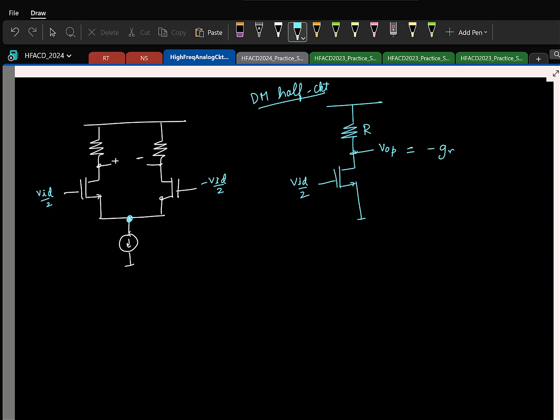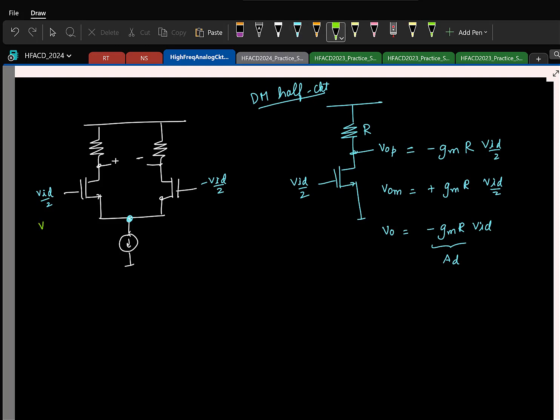Minus GM times R, ignoring the output resistance, times VID by 2. So what do you think VOM will be? It's a negative of it, so it will be plus GMR VID by 2. And because the negative half circuit is the same, just that here I will have minus VID instead, the final output is going to be minus GMR times VID. So this is your differential mode gain.